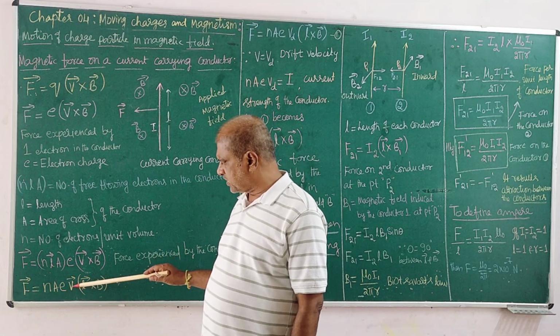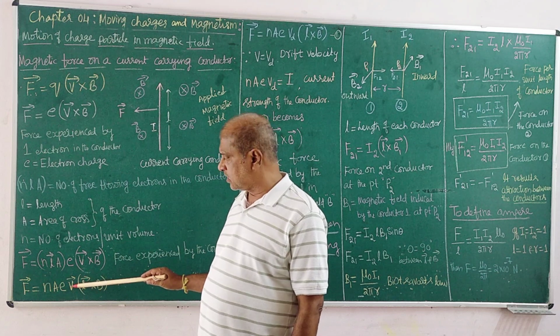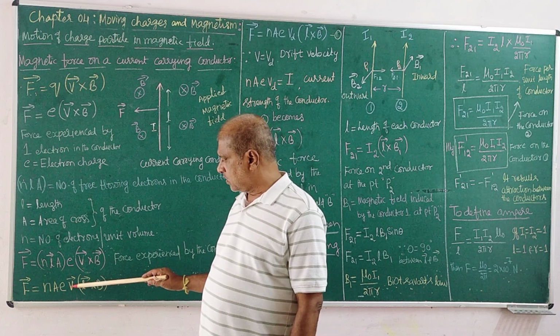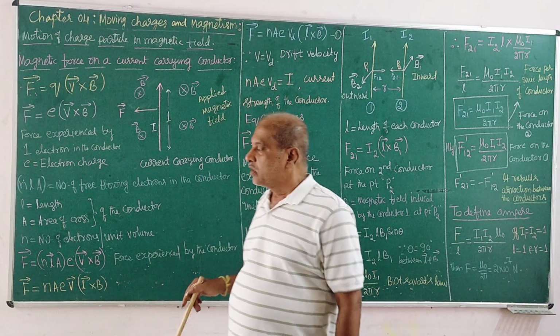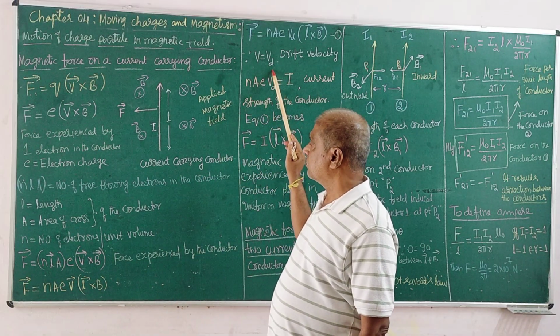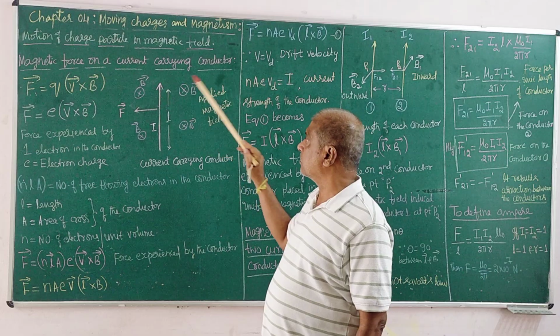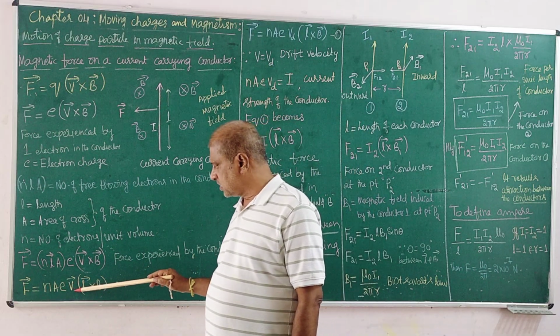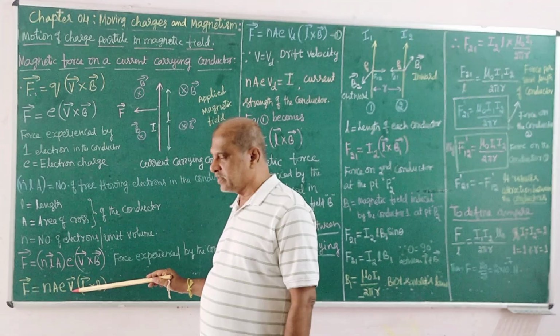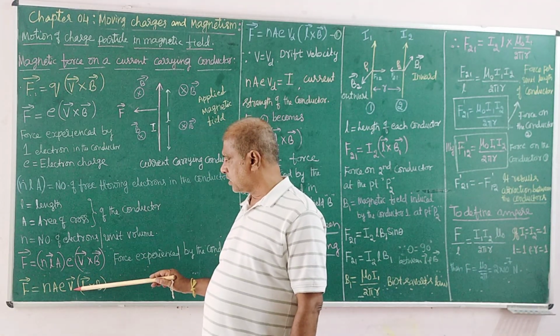Here v stands for the velocity of free electrons. Velocity of free electrons means the drift velocity in the conductor. Remember, the velocity of free electrons is the drift velocity in the conductor.